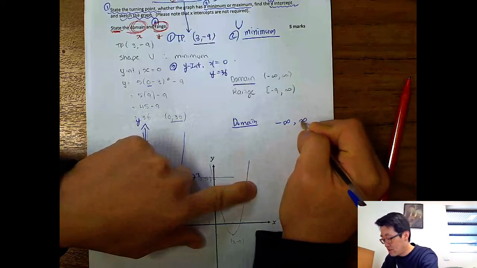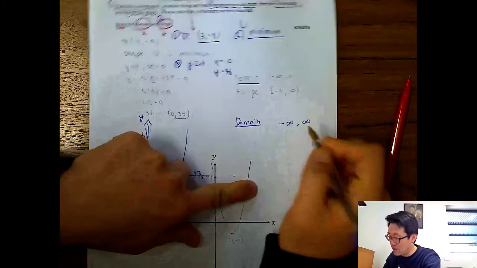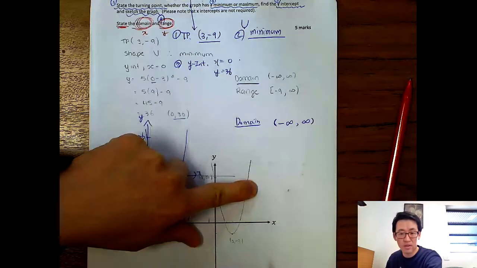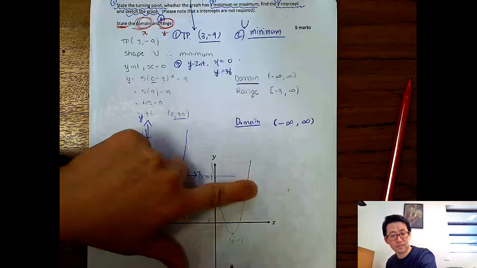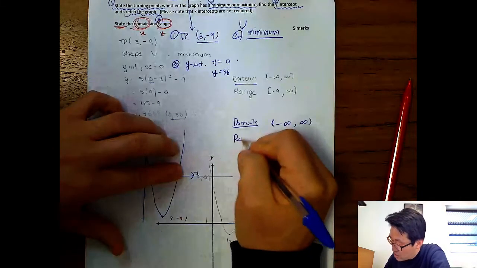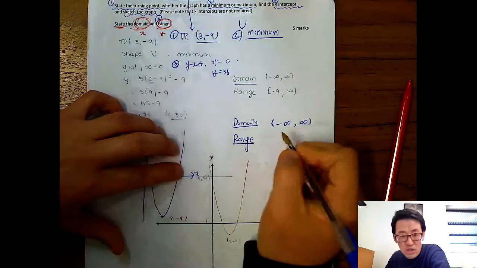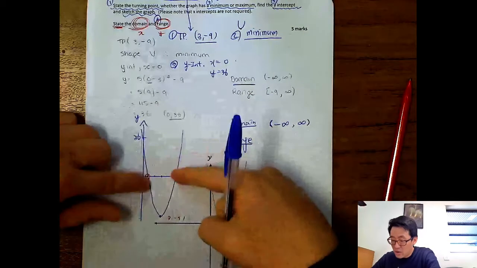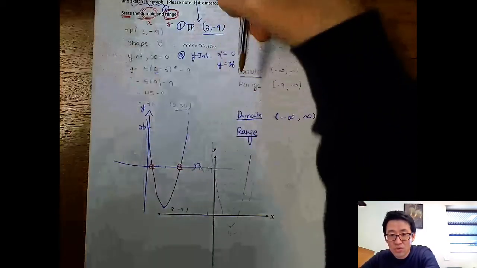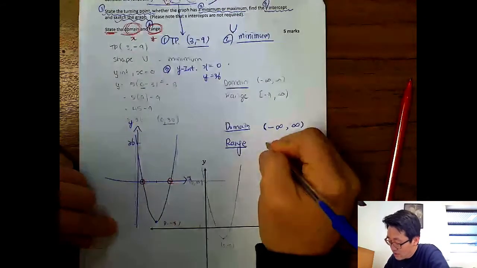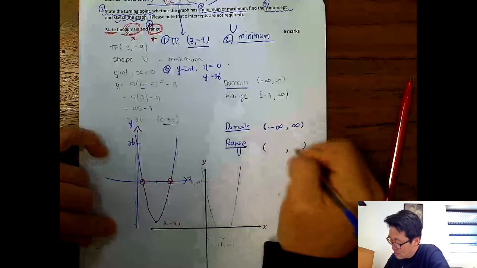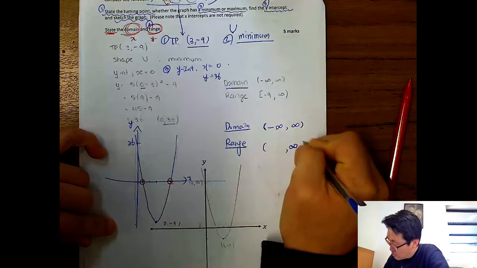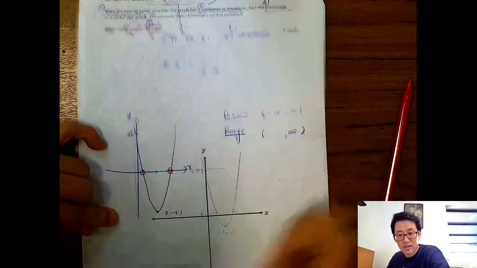There's no limit. And when you use infinity, you use the exclude bracket. And then the range is the range of y values. Y values can go all the way through to infinity, no limit there. When you use infinity, you have to use the exclude bracket.